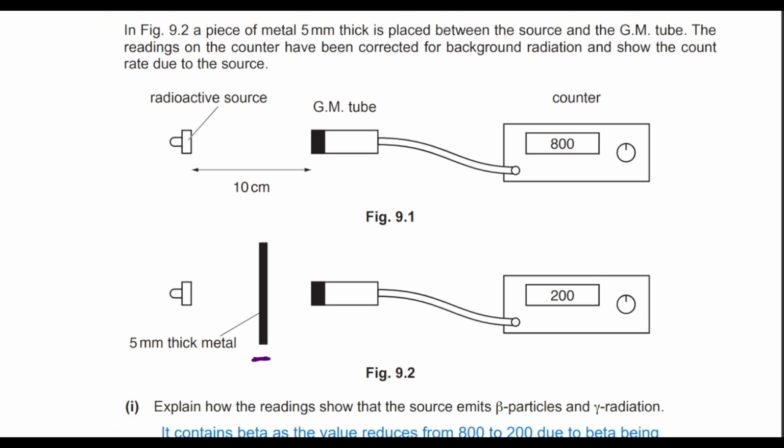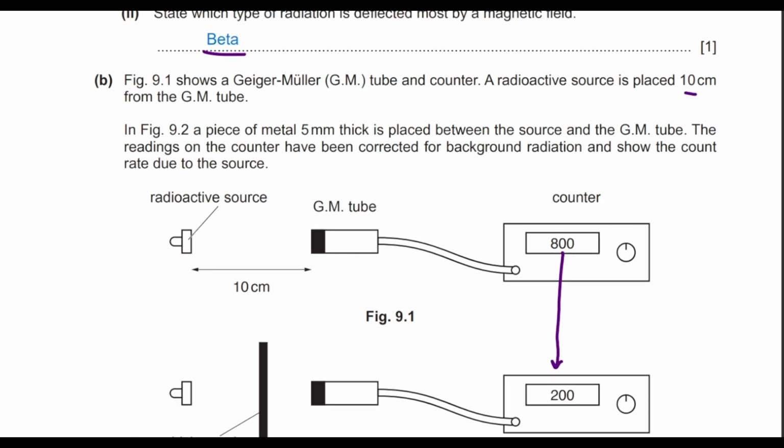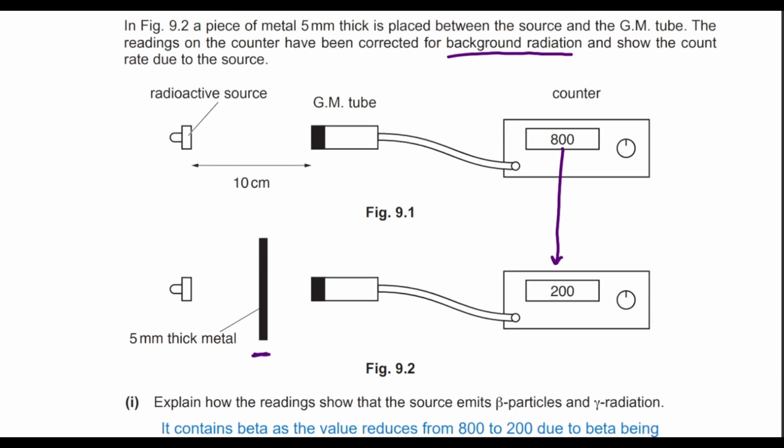Okay, so the next question is, he says that now we place a 5 millimeter thick sheet and the radiation reduces from 800 to 200. Now we understand that it says that the background radiation has been corrected. If the background radiation has been corrected for, then it means that if there is no radiation, if you place a lead sheet at the center, this will come down to 0.